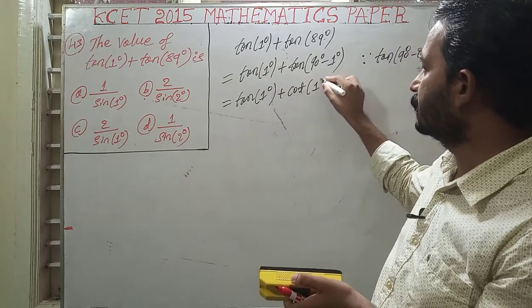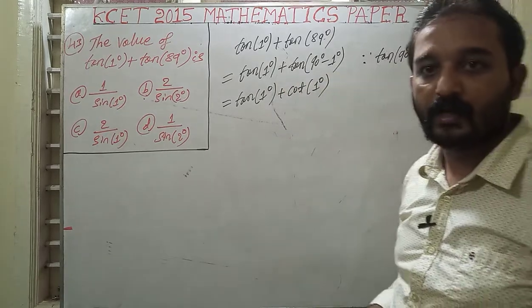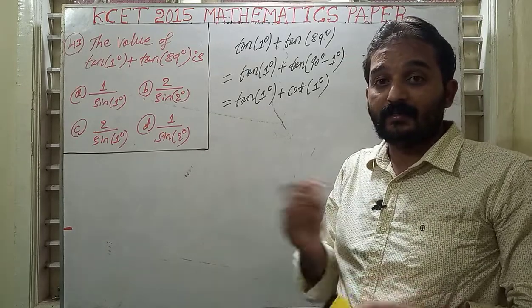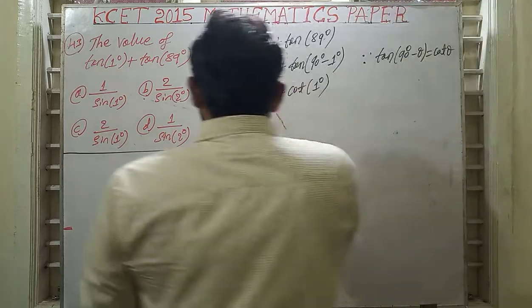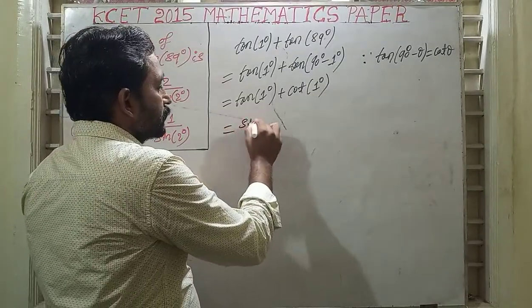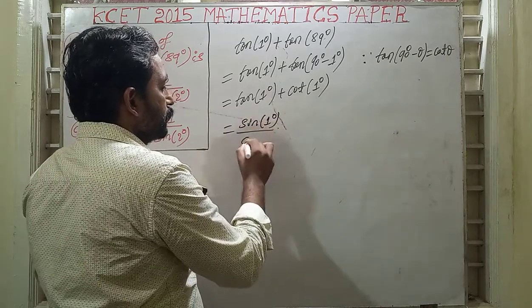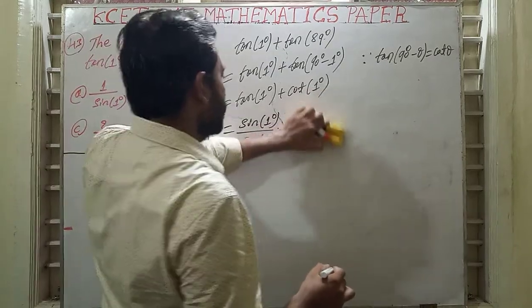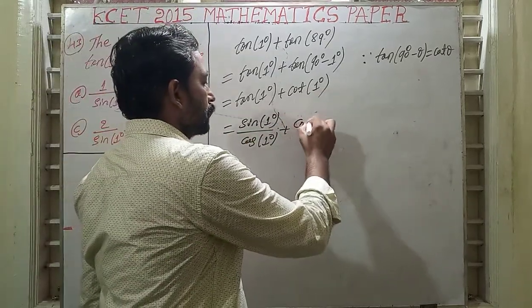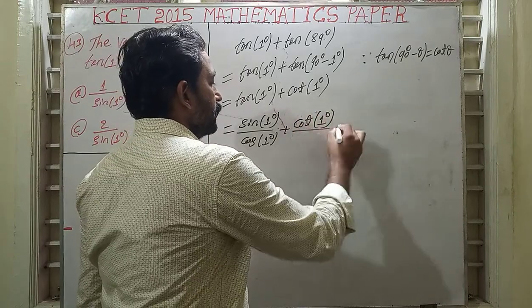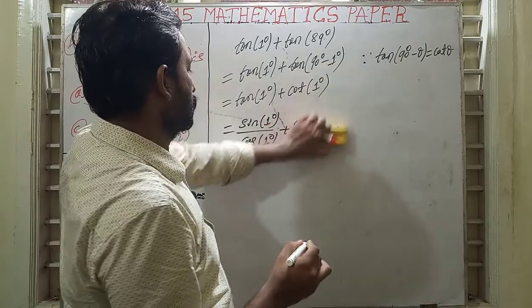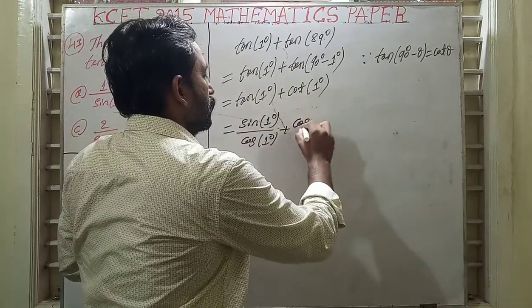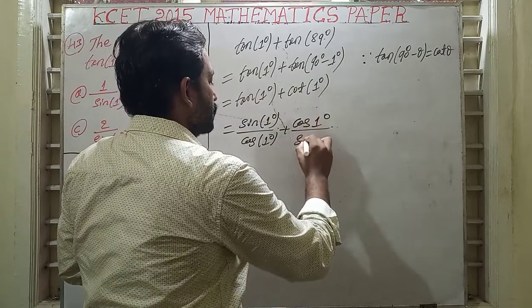Now using the trigonometry formula, tan can be expressed in sine and cos, and cot can also be expressed in sine and cos. So tan 1 degree is sine of 1 degree divided by cos of 1 degree, and cot 1 degree is cos of 1 degree divided by sine of 1 degree.